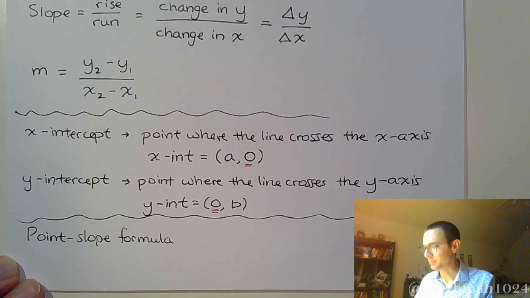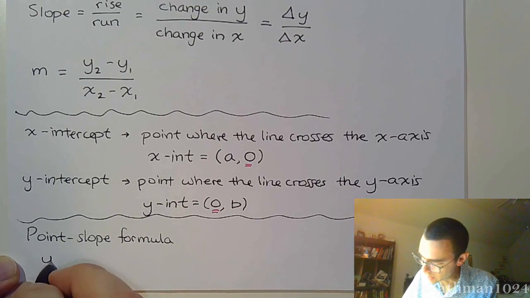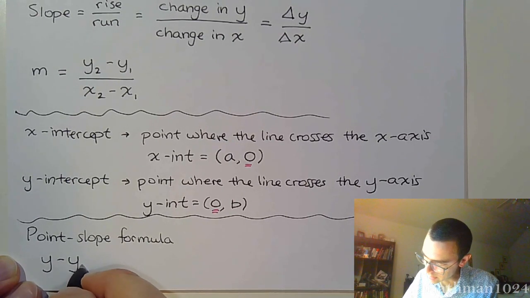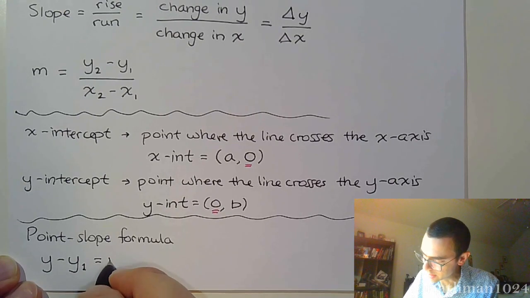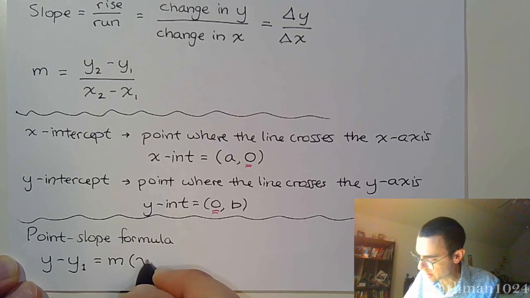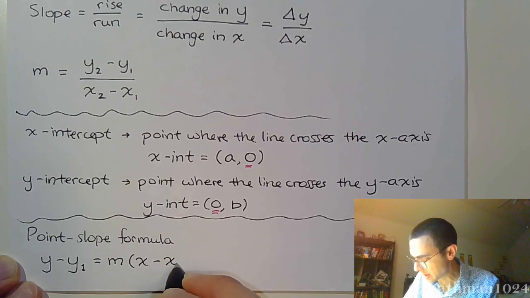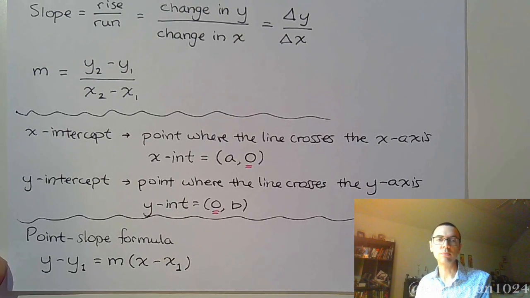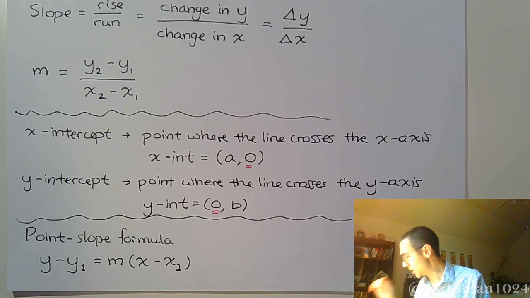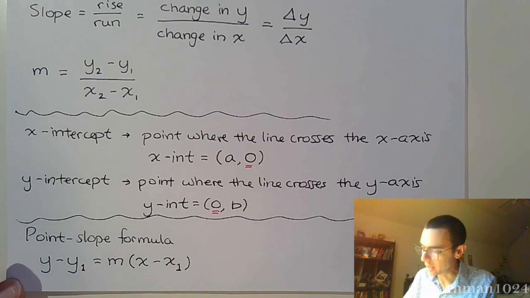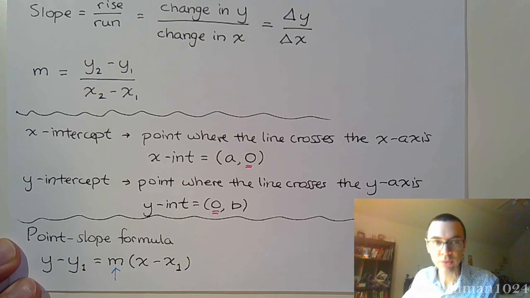So the point-slope formula is going to be this: y minus y1 equals m times x minus x1.